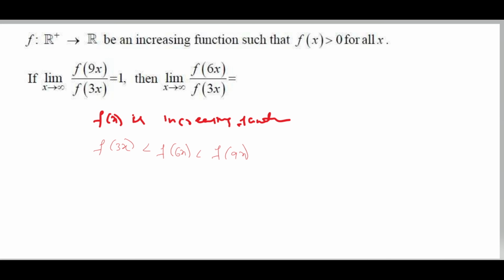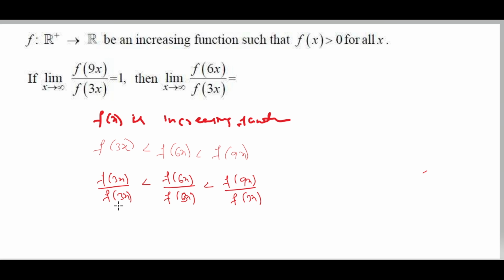So now dividing the equation by f(3x), that is f(3x) by f(3x), which is less than f(6x) by f(3x), which is less than f(9x) by f(3x).